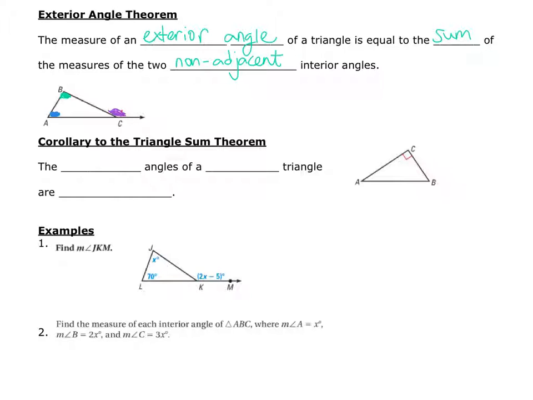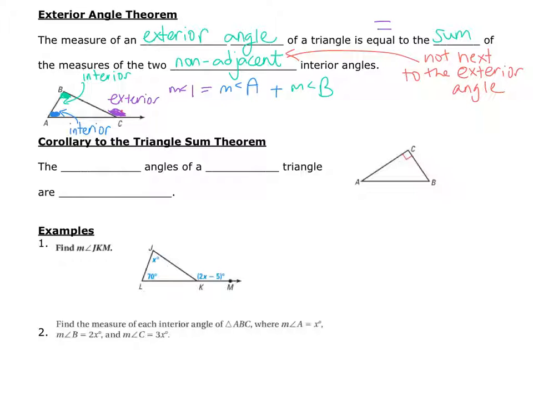So in my picture right here, the measure of angle 1, my exterior angle, is going to equal, and you have to set this up as an equation, the sum of the measures of the non-adjacent ones. So not the one right inside of it, but the ones on the other side of your triangle. So A plus B will equal my angle 1. Remember that non-adjacent means that it's not next to that exterior angle.